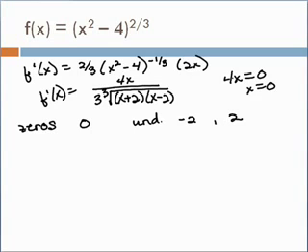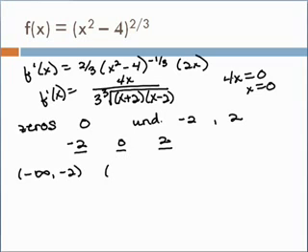I'm going to put them in order, from smallest to largest. If those are my critical points, then our intervals are going to be from negative infinity up to -2, and then from -2 to 0, and from 0 to 2, and then from 2 to infinity.